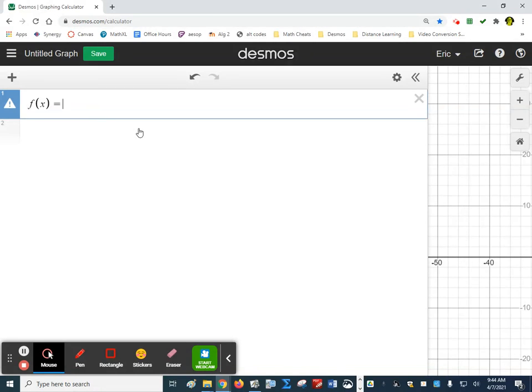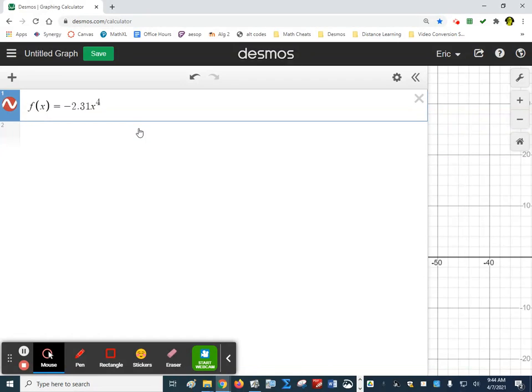If I do f of x equals negative 2.31 x to the 4th, what's that going to look like? What's the end behavior going to be?